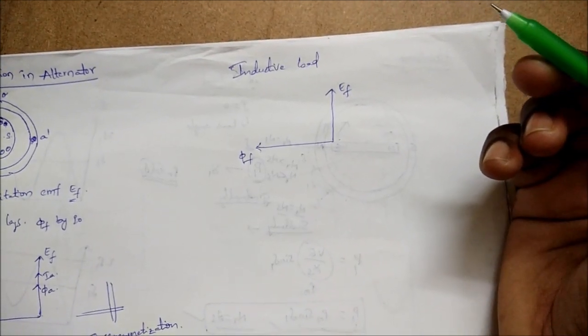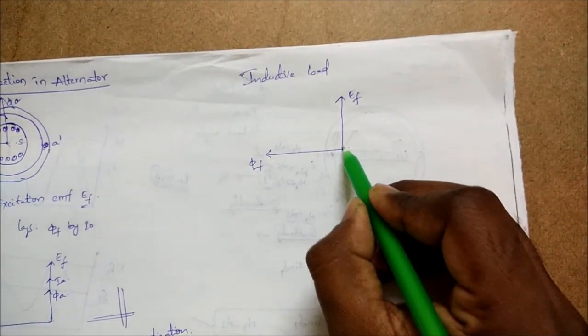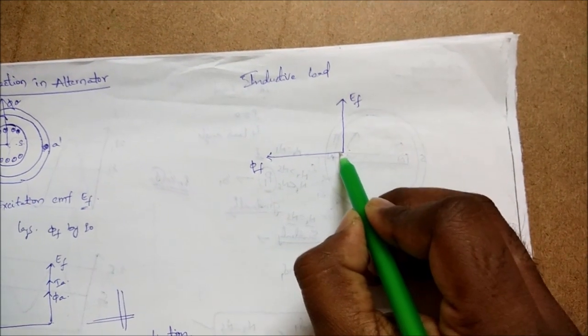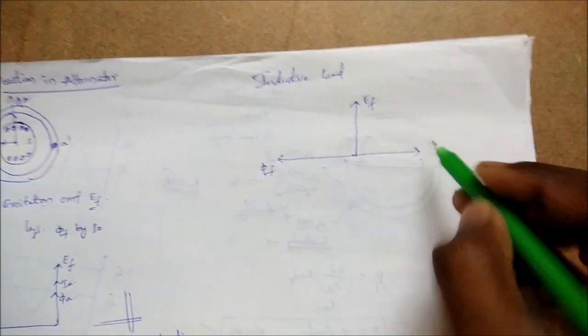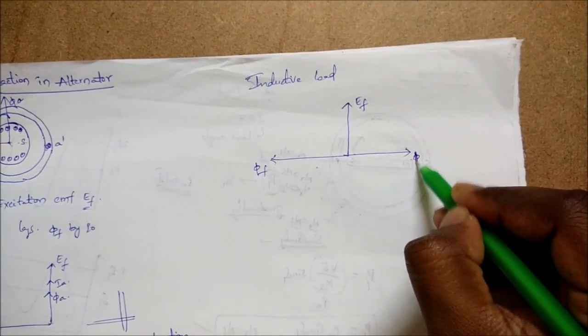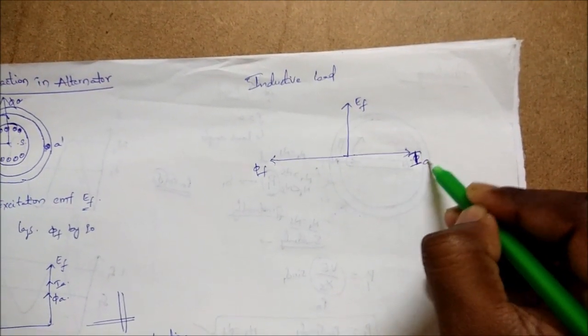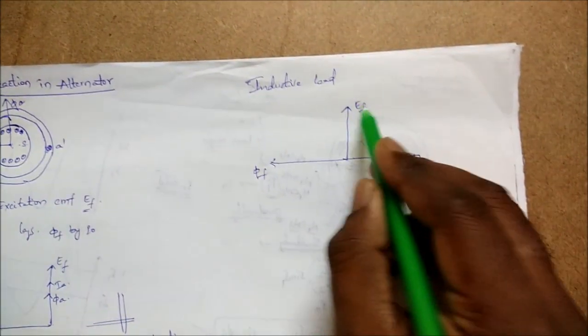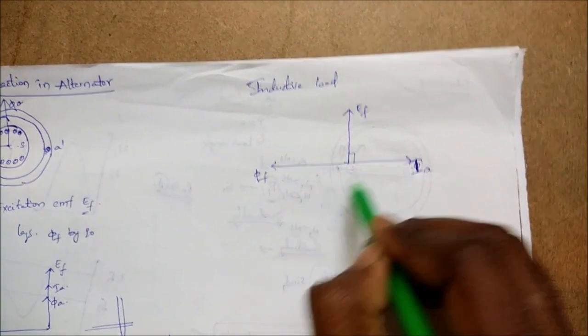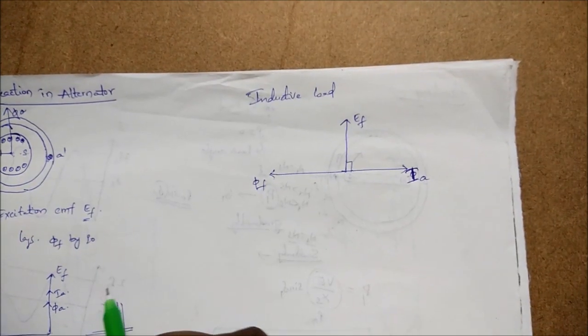Because of the pure inductive load, the armature current lags the induced EMF by 90 degrees. Sorry, this is IA. The current flowing in the armature conductors lags the induced EMF by an angle of 90 degrees because of the pure inductive load.